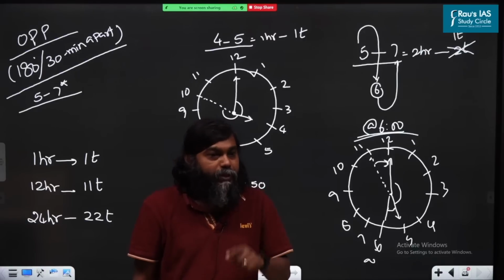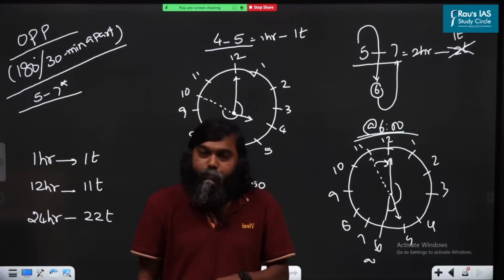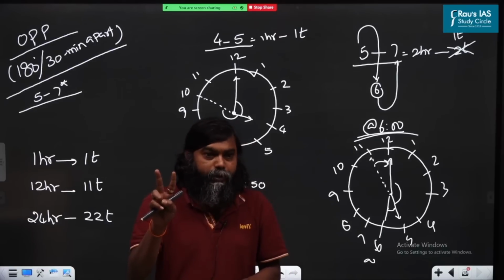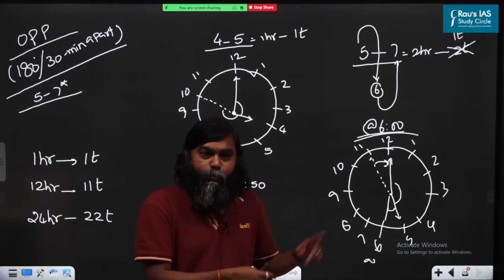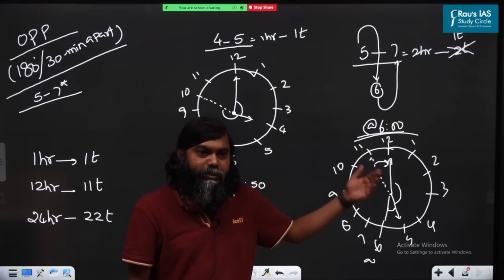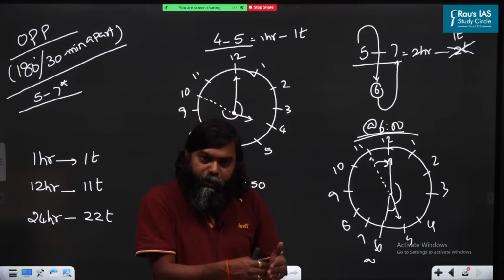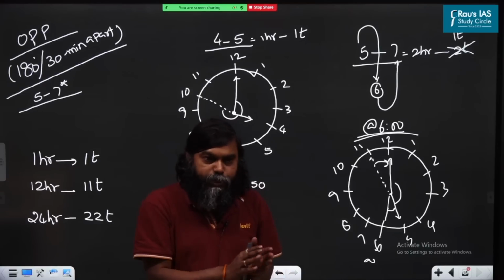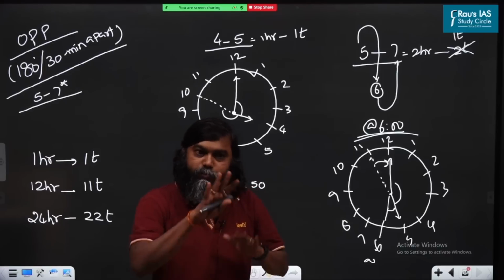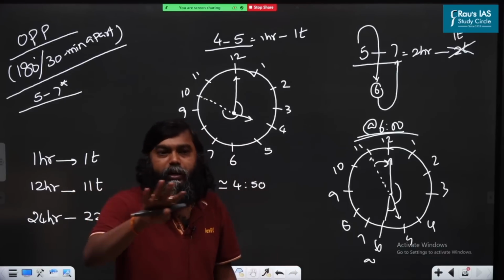Approximately what time? 3:30. 1 time possible. Between 5 and 6, how many time right angle? 2 time. Understand? Between 6 and 7, how many time opposite? 0 time. That means so far in 1 hour, any angle minimum 0 time answer possible, 1 time answer possible, 2 time answer possible. All are understood?